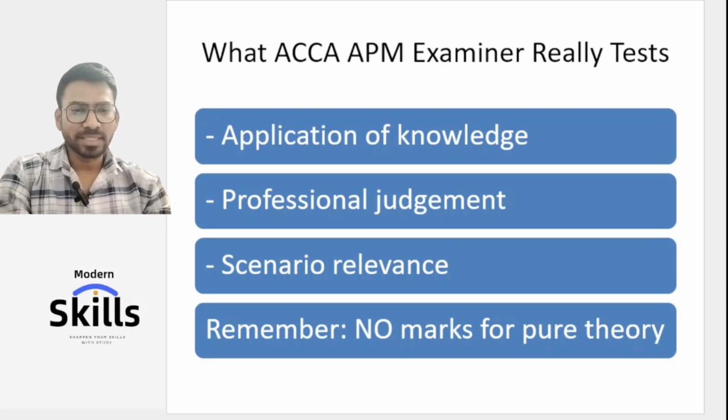Remember one thing, you will not get any extra marks for pure theory. The examiner has already told us these APM answers fail because students simply describe the model instead of applying it. So our strategy must force us to apply and justify. That's where my 5-step APM case study solution method comes in.